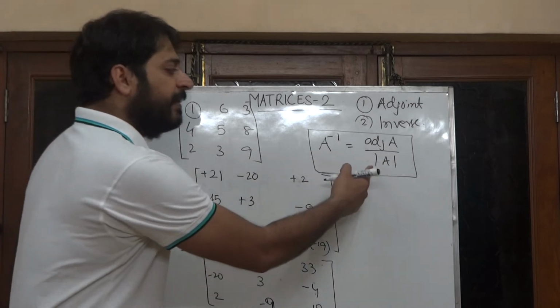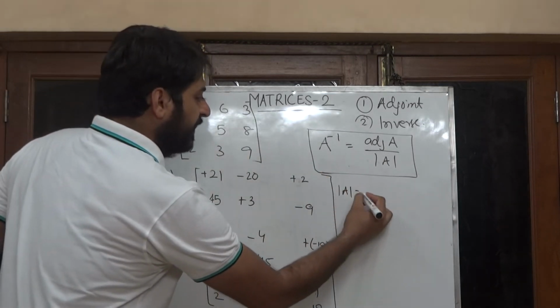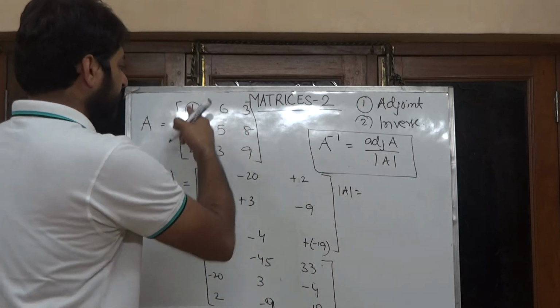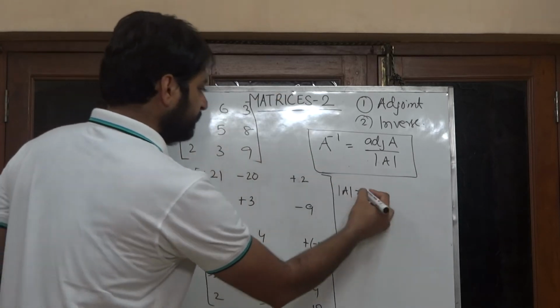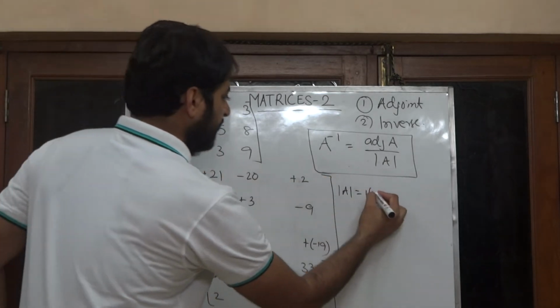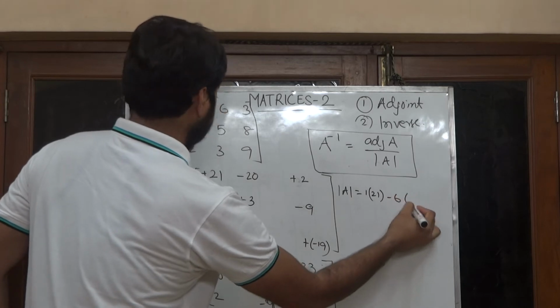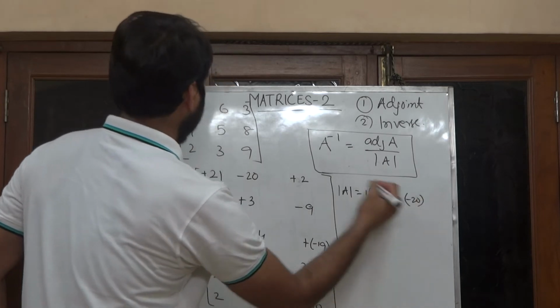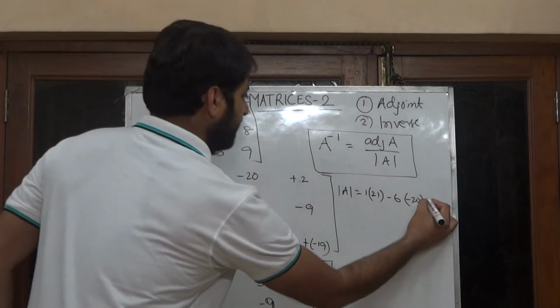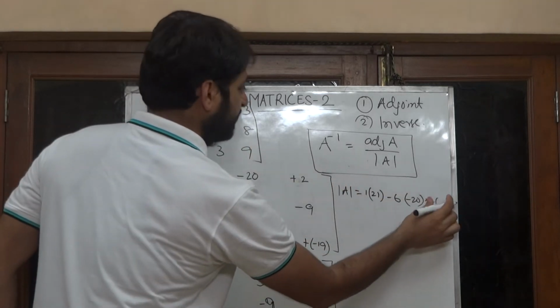What I need to find is only the determinant of A. The determinant of A, the value I will find along the first row, is 1 into 21, minus 6 into minus 20, and then plus 3 into 2.